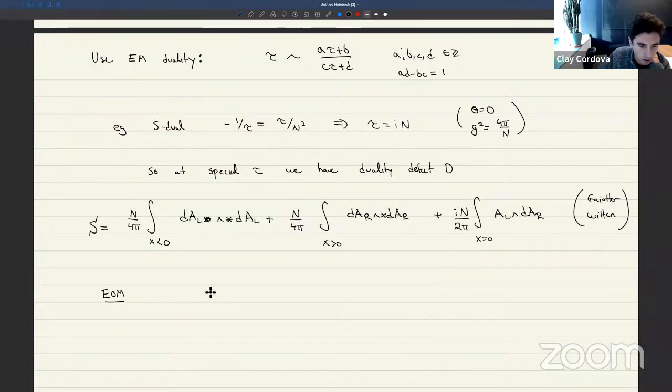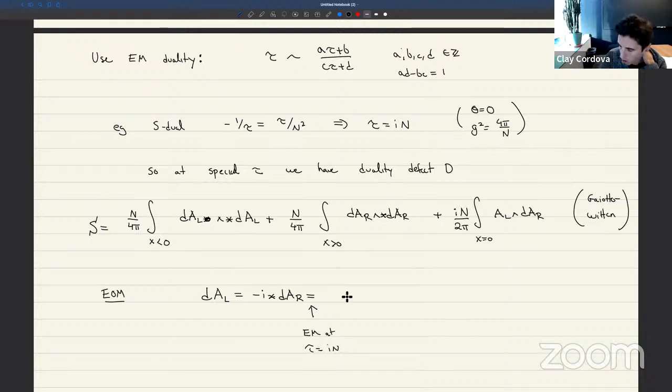On the wall, it's that dA left equals minus i star dA right, which is equal here. This is electromagnetic duality at tau equals i n.